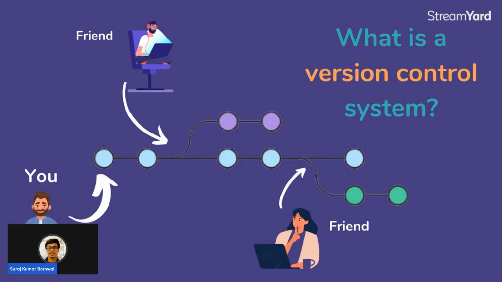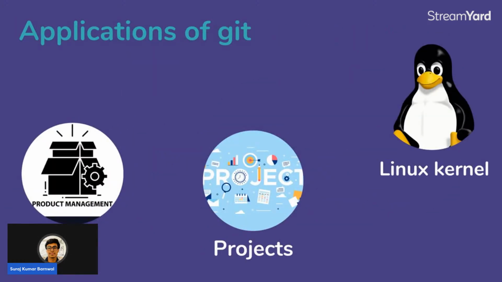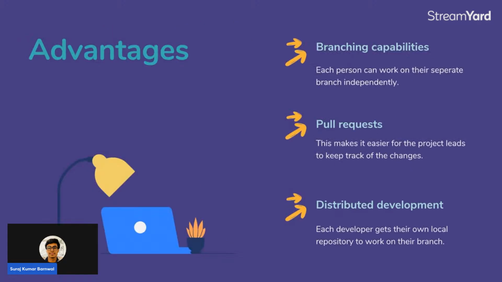So that's what Git offers you. It offers you scalable branches and to work independently on the projects. So this is the first and one of the most important applications that is used in the industry currently. Okay. So the next is also it is used in product management industries and in the Linux kernel as well.